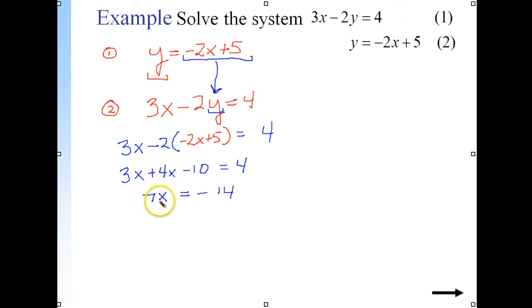I get 7x. I'm going to transpose this to the other side, where a negative 10 on this side becomes a positive 10, and 4 gives me, had a little error there. Again, this becomes a positive 10 on this side.